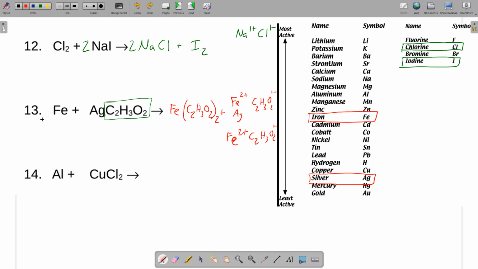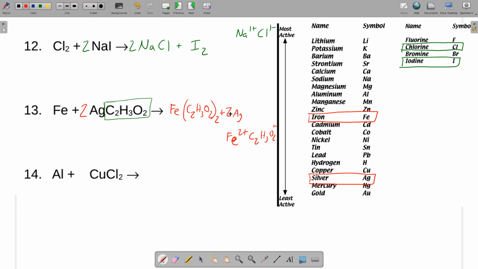I don't even know why I did that. You've got 2 acetates on the right. You need 2 of these acetates on the left. So a 2 has got to go in front of the silver acetate and a 2 in front of the silver. Now you've got 1 iron on both sides, 2 silvers on both sides, and 2 acetates on both sides.